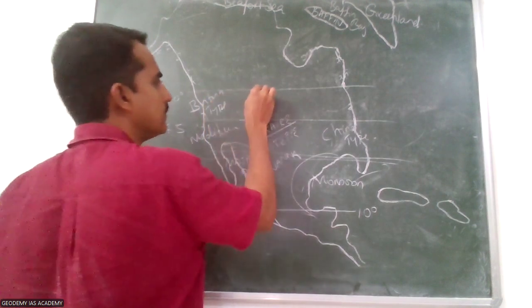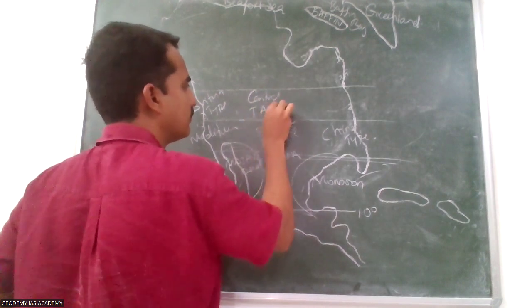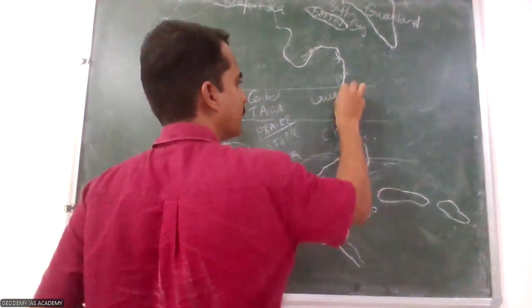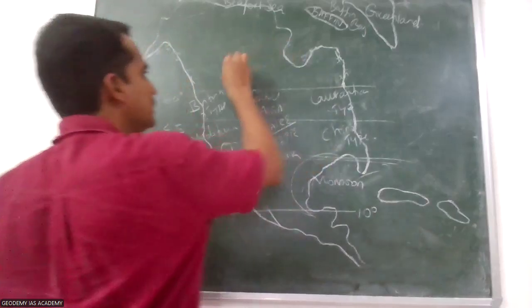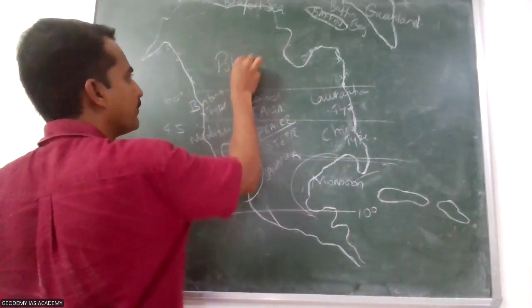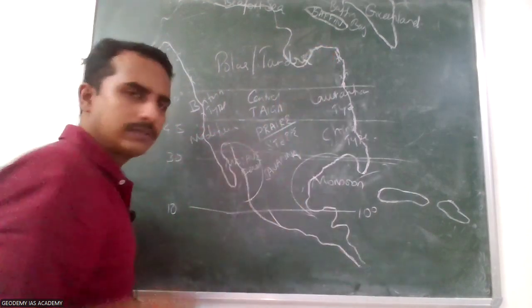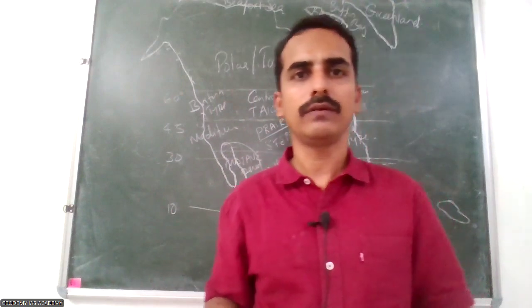And the central part, the coniferous forest, taiga forest, and Laurentian type climate. And then above 60, it is polar type tundra. That's all. Very simply, you can guess the climatic regions of the continent.